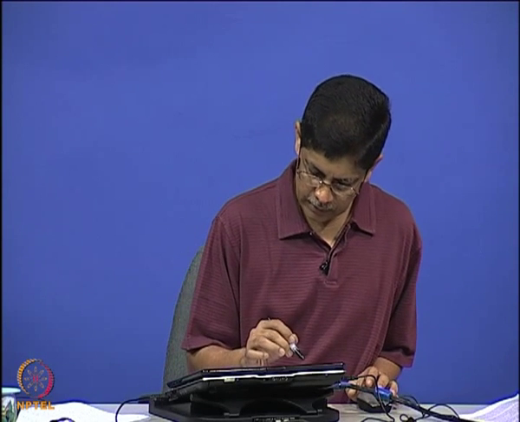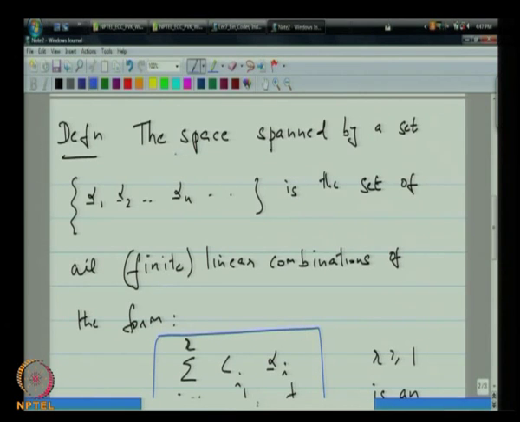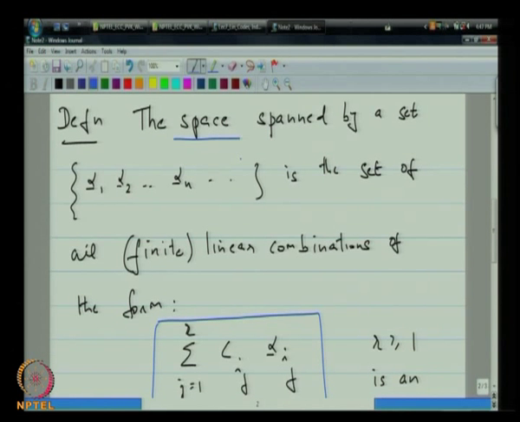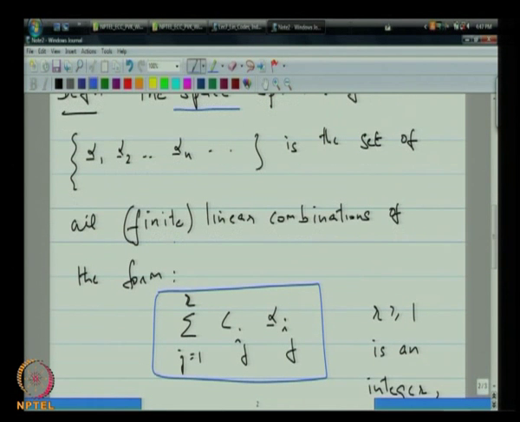Now, one comment here. I have used the word space, the space spanned. Whereas if you look at this, this is a set, possibly infinite. So why do I call it a space instead of a set? The reason is you can actually show without much difficulty that this set is actually a vector space.